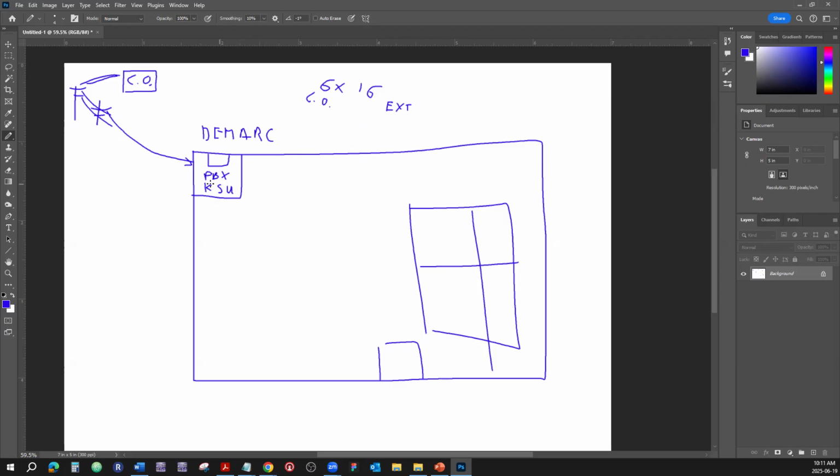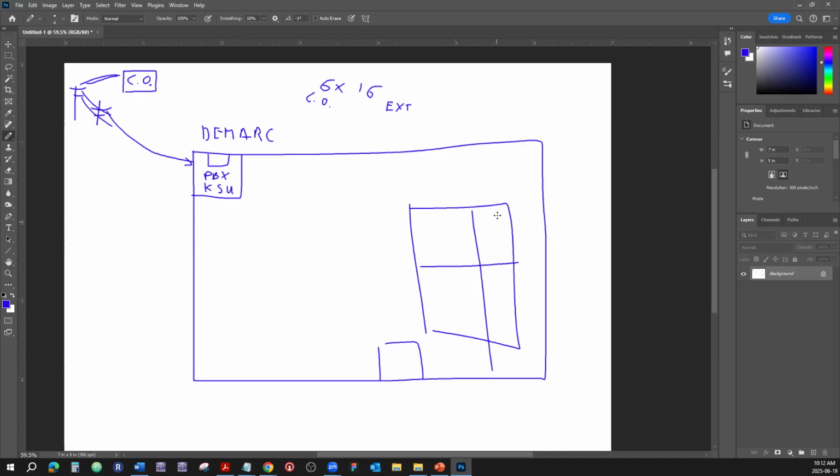Now, PBX stands for private branch exchange, because the CO is the city's central office, but here would be a private branch exchange, which is basically a box that serves as an internal telephone system that moves all the telephone traffic in and out, and between the clients inside.